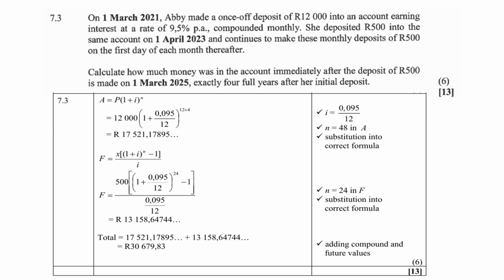So the total will be that 17,521 we got first, plus the 13,158 we just calculated. You have to add the two values, the compound amount and the future value, and then you get 30,679 Rand and 83 cents. Yes, I do agree, it wasn't such a straightforward example. This is your typical level 3 example. You have to think about this one before you can solve it.